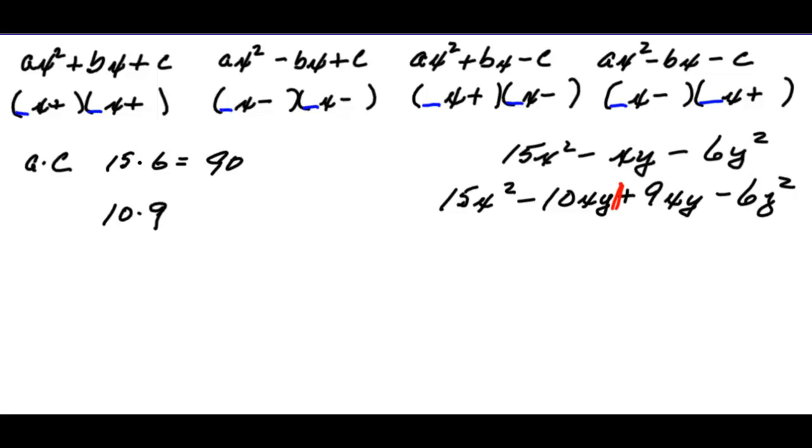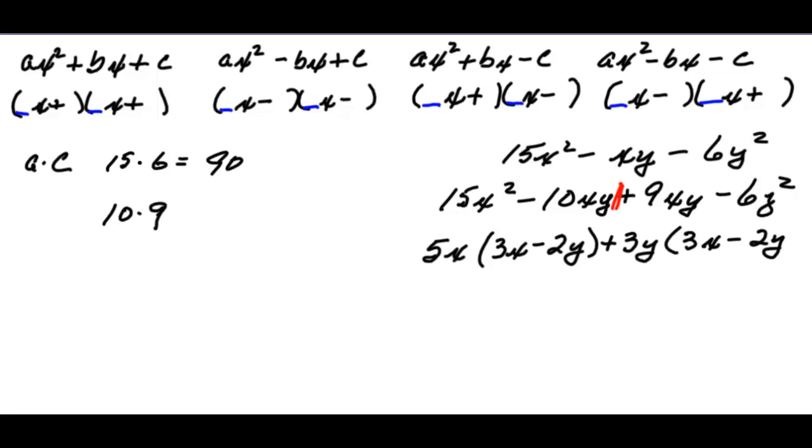Now we're going to factor by grouping again, taking the first two. What we get is we can pull out 5 and we can pull out an x. And what we end up with is 3x minus 2y. In our second one then, if we pull out a plus 3y, we end up with 3x minus 2y.